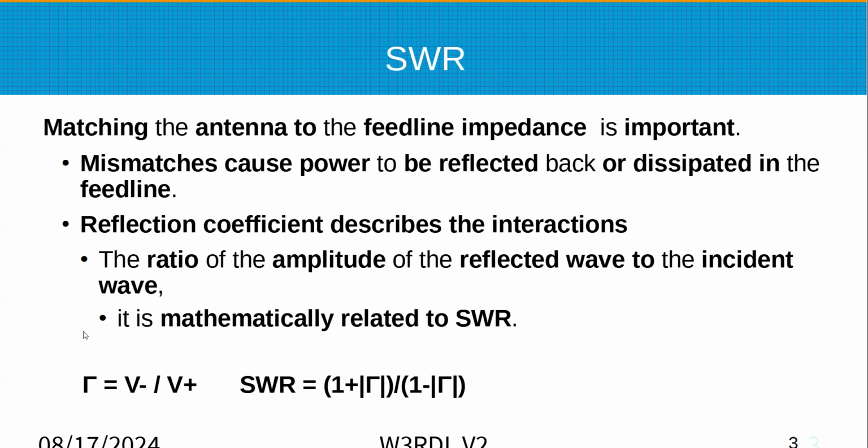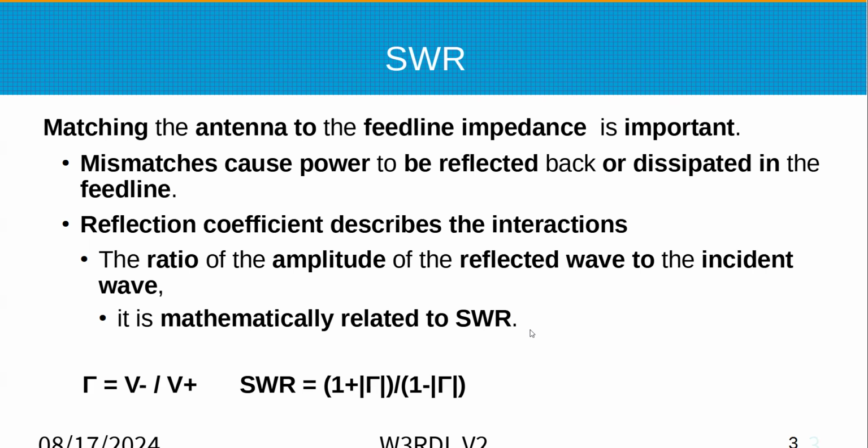And it's the ratio of the reflected over the forward voltage. And it's used in the actual SWR calculation, where it's 1 plus the reflection coefficient divided by 1 minus. And you do that ratio and you come up with the SWR.